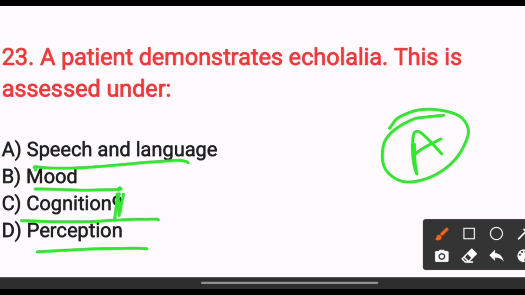Echolalia is a repetition of another's words, indicating a speech or language disturbance. When you ask a patient, what is your name, they will also say, what is your name. This is the repetition of the words, known as echolalia.